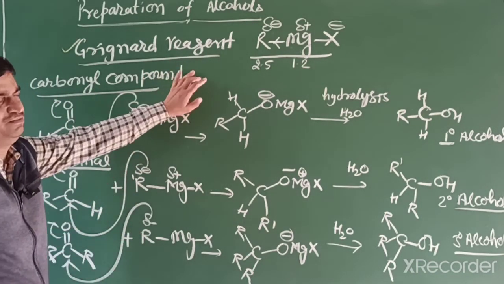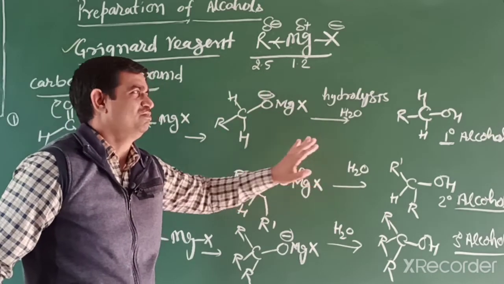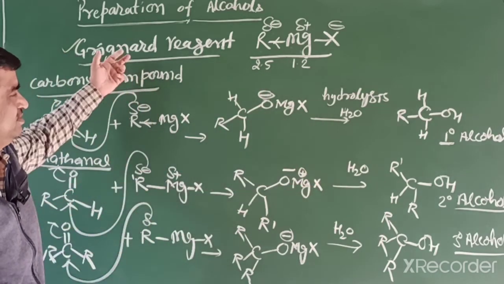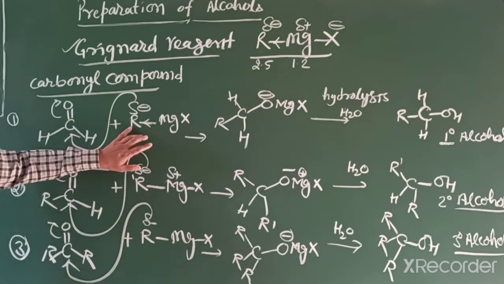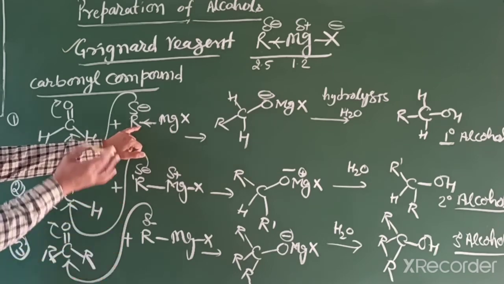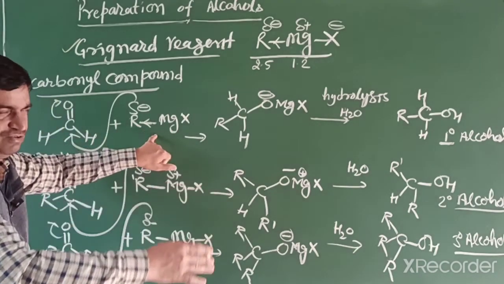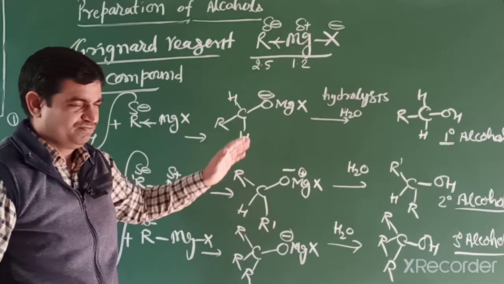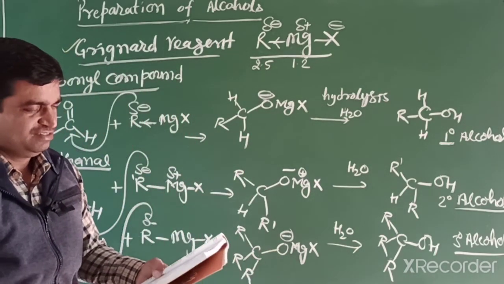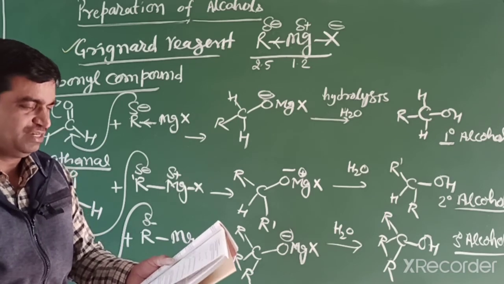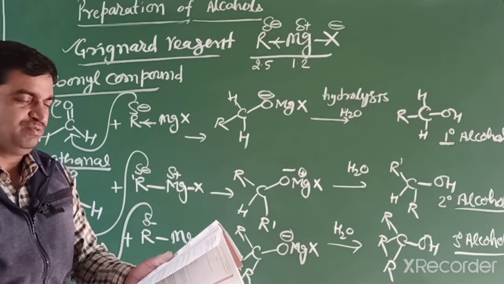By this reaction we can find all types of alcohol: primary, secondary, tertiary. This reaction is also from carbonyl compounds, and we will discuss this same reaction again in the aldehyde ketone chapter. Students, this is a very simple reaction: first nucleophilic addition, then hydrolysis. By this reaction you can solve different numerical problems very easily.